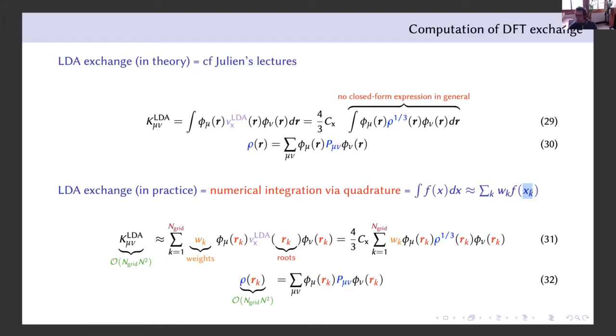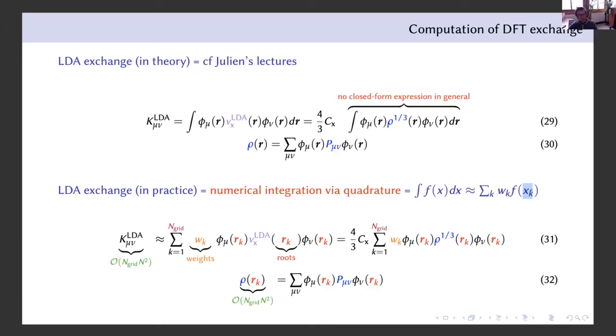Okay, somebody else. Could you use the decomposition of P to form the exchange matrix? I don't think so, because if you have a look at the reference I gave at slide number 2, even if you decompose the density matrix with the coefficients, I don't think you can factorize everything the right way.